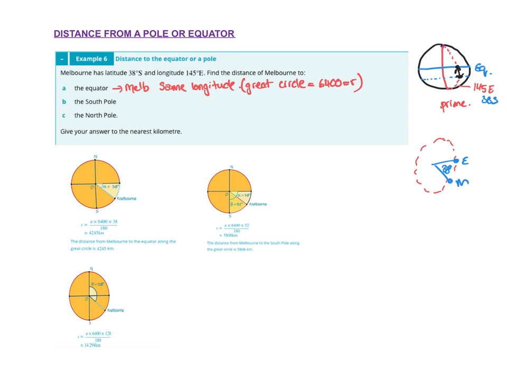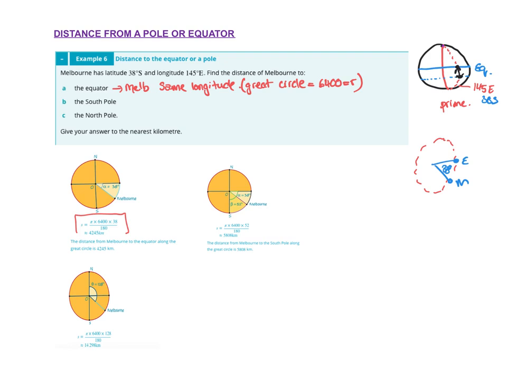Down here, they're finding the distance: pi times the radius times the angle in between them, which is 38 over 180.